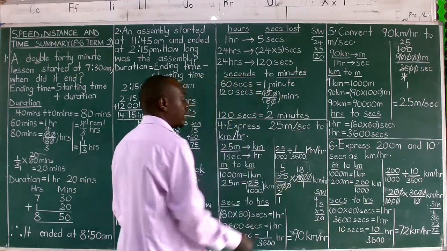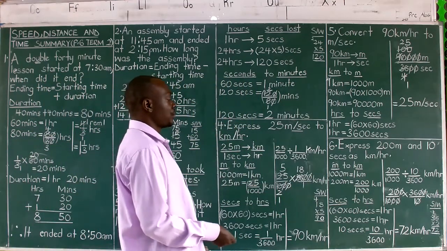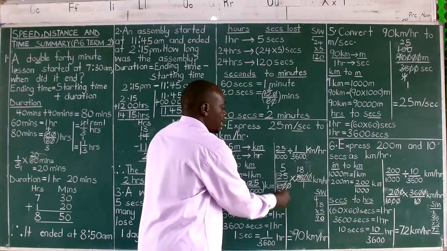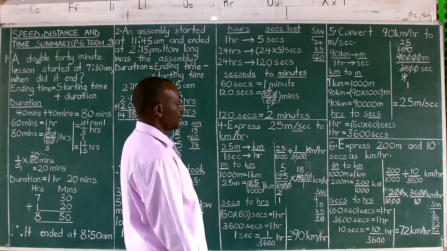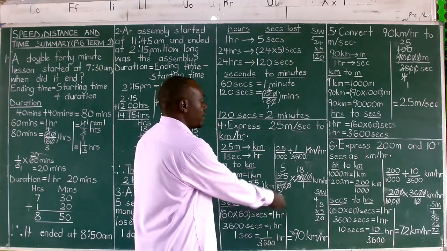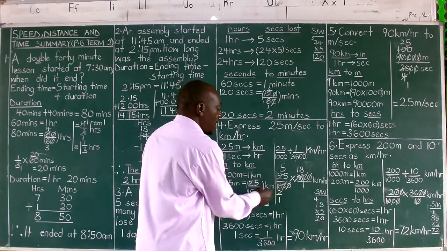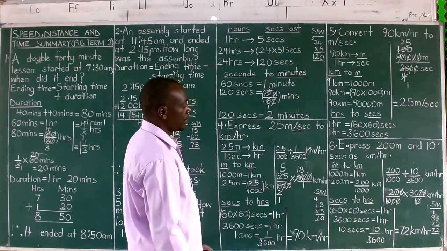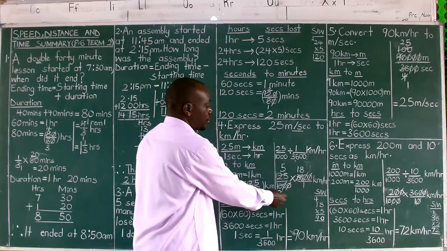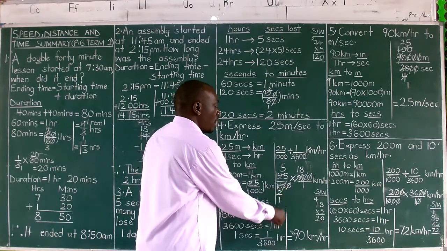And now that we have got multiplication of fractions, we have freedom to cancel. So we say by 10, by 10, by 10, by 10. And now we look out for the common divisor between 25 and 10. Say a 5. So 10 divided by 5 is a 2. 25 divided by 5 is a 5. And now I've got 36 and 2, which are both divisible by 2. 2 divided by 2, 1.